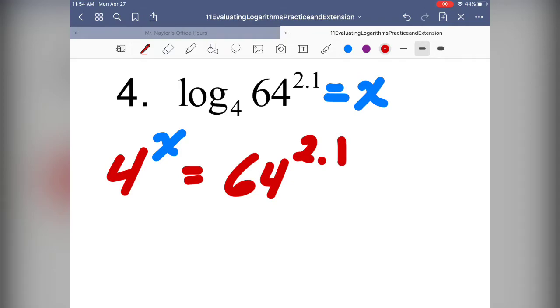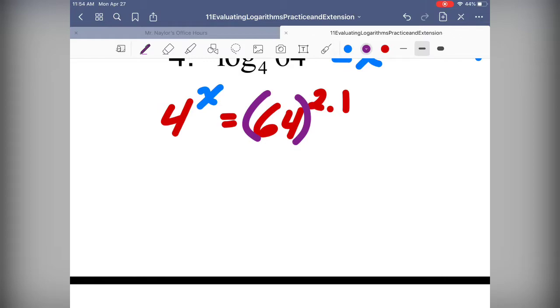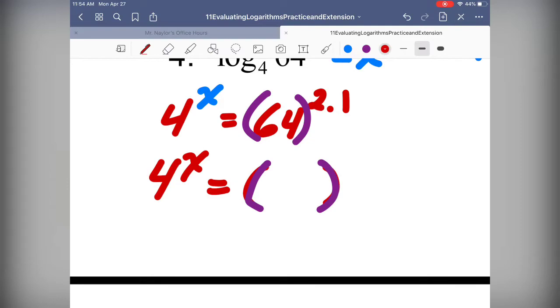Now, don't figure out 64 to the 2.1 power. What I want you to realize is that we want to think bases. So all I really want to do is change 64. I want to change it to be a base 4. Now, if I change it to be a base 4, I'll have to write it as 4 to the third.